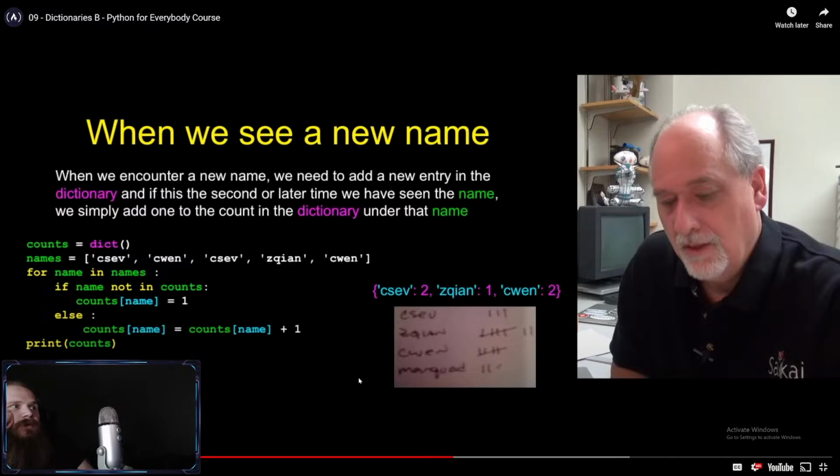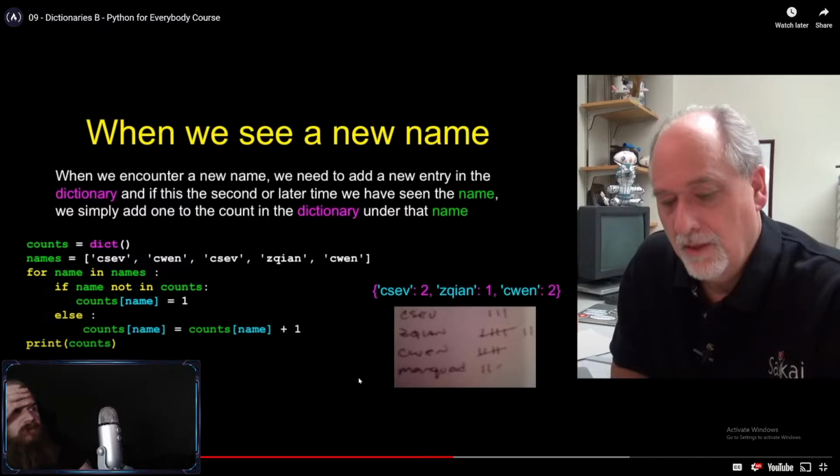Names equals csev, Chen, csev, Zhen, then Chen. Okay.